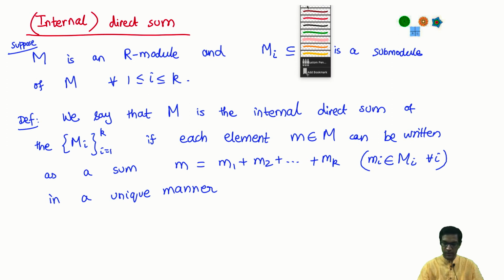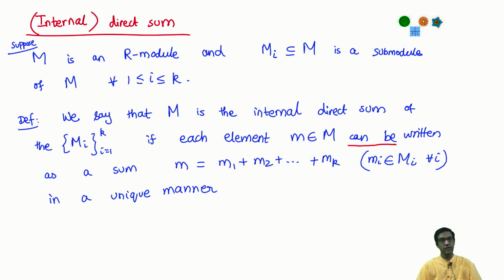Okay, so there are two parts to this definition. On the one hand, there exists such a way of writing m, and there is a uniqueness part also, that this way of writing must be unique.